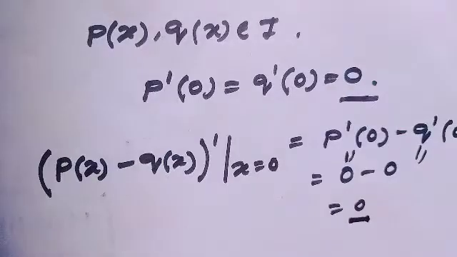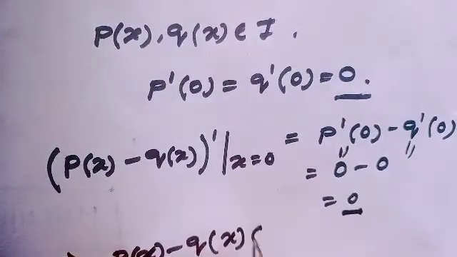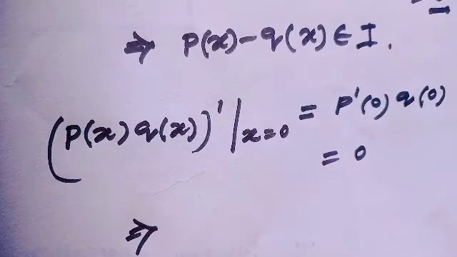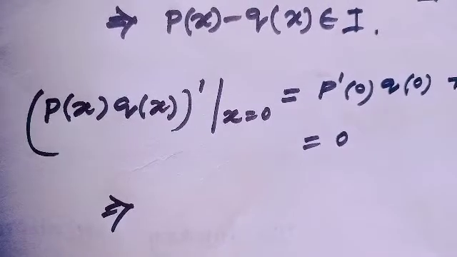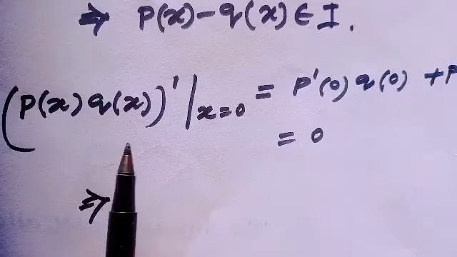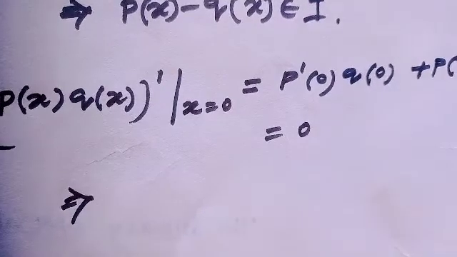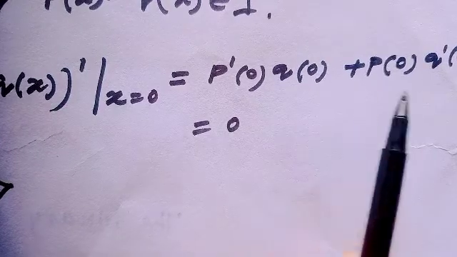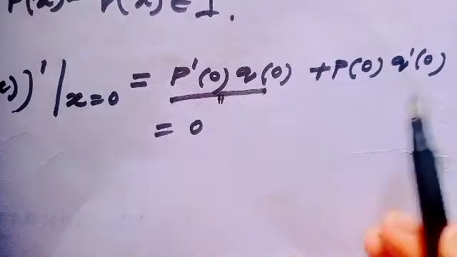Therefore, p(x) minus q(x) belongs to I. Okay. Now for the subring test, we have to check their product is a member of capital I. So (p(x) times q(x)) prime at the point x equals 0 equals, by the rules of derivative, p prime 0 times q(0) plus p(0) times q prime 0, and we put the values: this value equals 0 and this value equals 0.